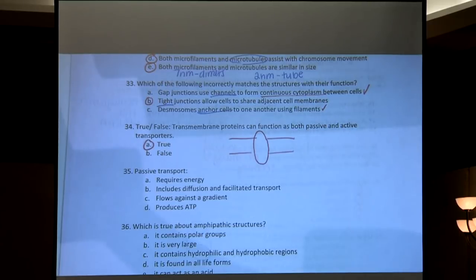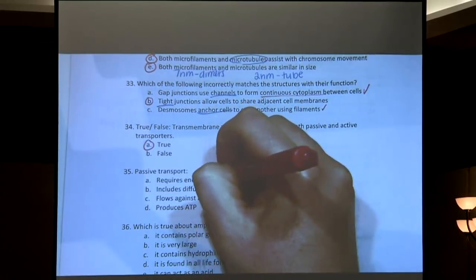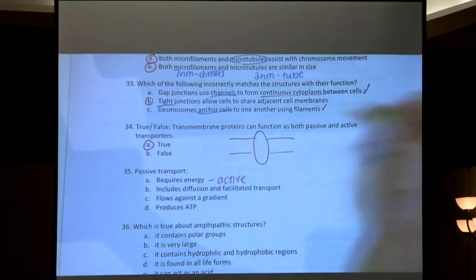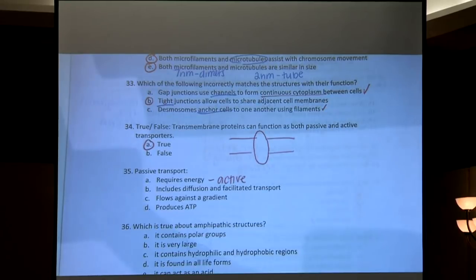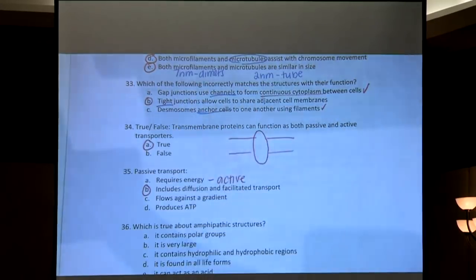For passive transport, does it require energy? No. That will instead be active transport. Does passive transport include diffusion and facilitated transport? What do we think? This one is true. Diffusion and facilitated transport are both types of passive transport.